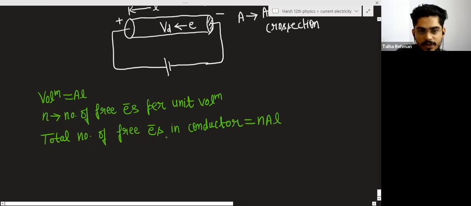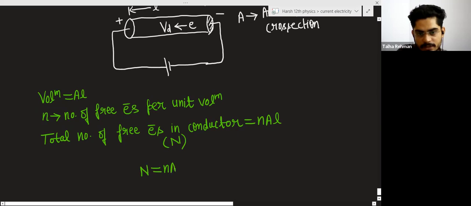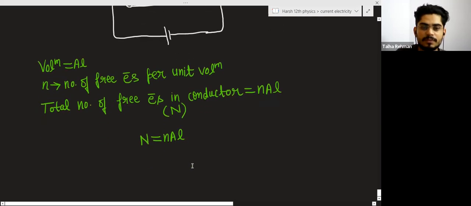This total number of free electrons is represented by capital N. So capital N is equal to small n into A into L. This is equation 1.